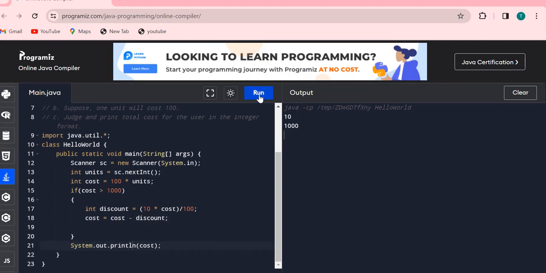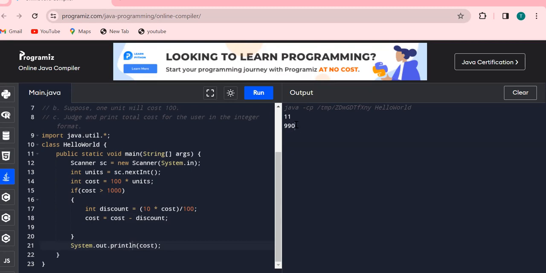So let us run the program again. In this case, we will take 11. So 11 into 100, 1100, which is greater than 1000. So this statement will be executed, and the 10% discount will be applied on the total cost. Okay, 11, enter.